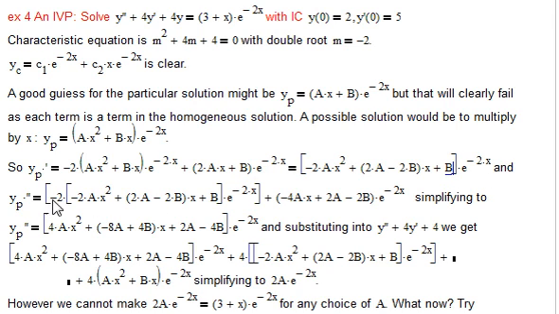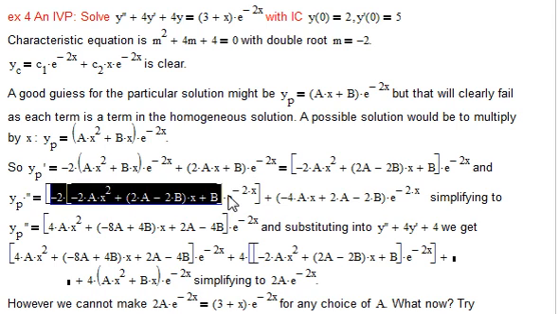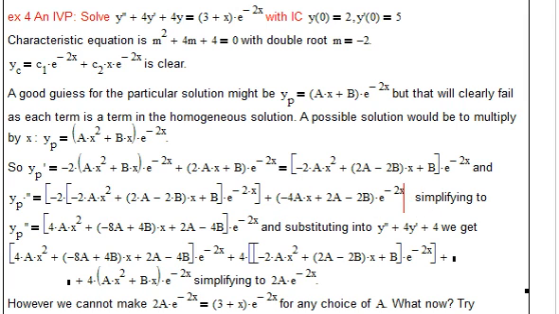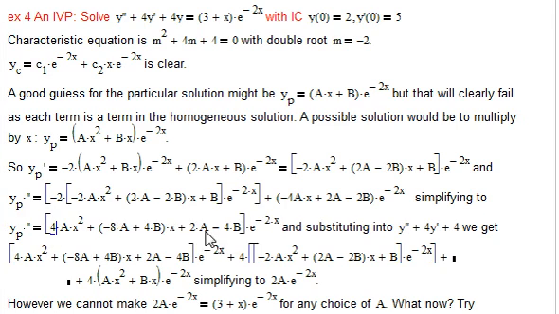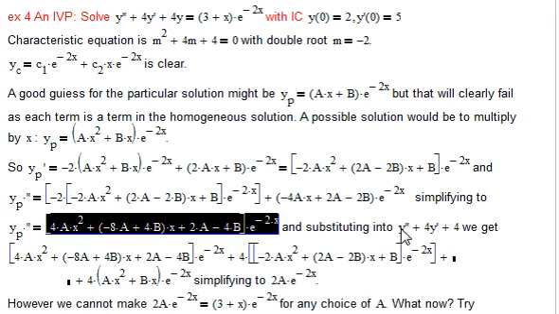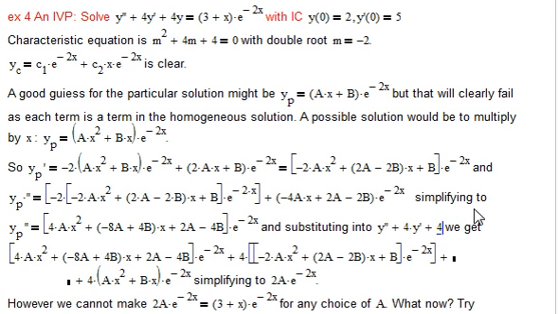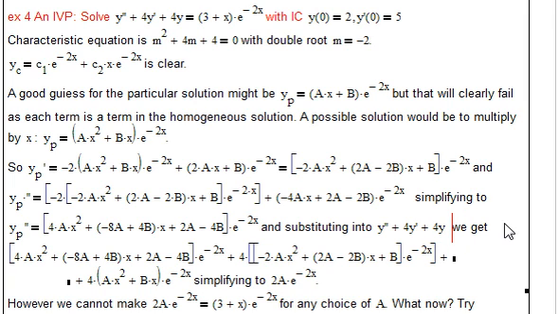And then y double prime, I just took the first derivative of our y prime, and I used the product rule, so this is first d second plus second d first. Hope that's okay, and it simplifies as this, and putting that mess back into this equation, into 4y, what happens?